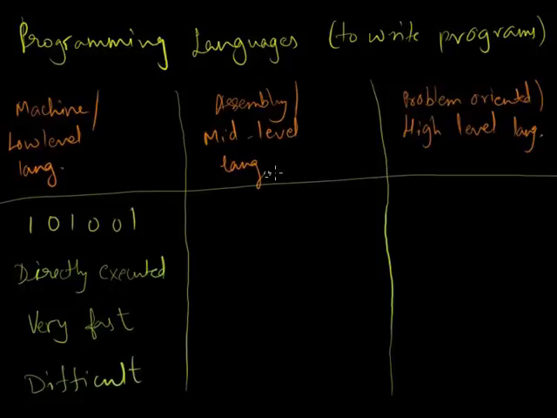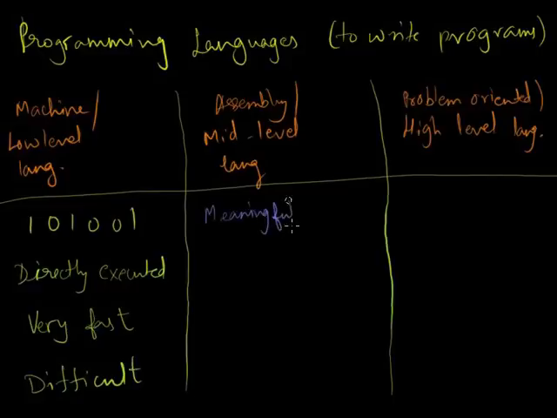Okay, now coming to assembly or middle level languages, which are a level higher than the low level languages. To remove the complexity of the low level languages, which are quite difficult to understand, these binary bits are grouped and given meaningful names.